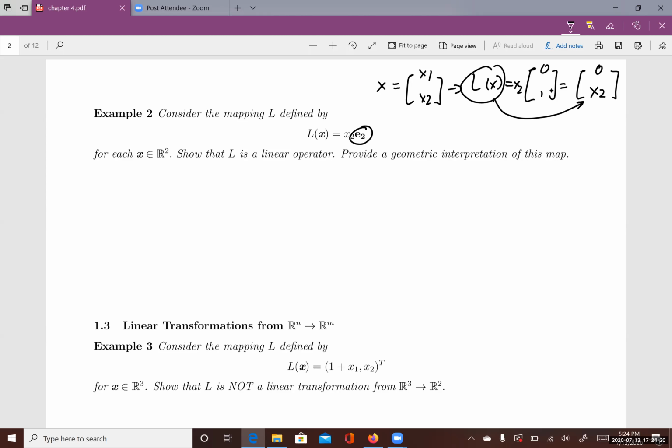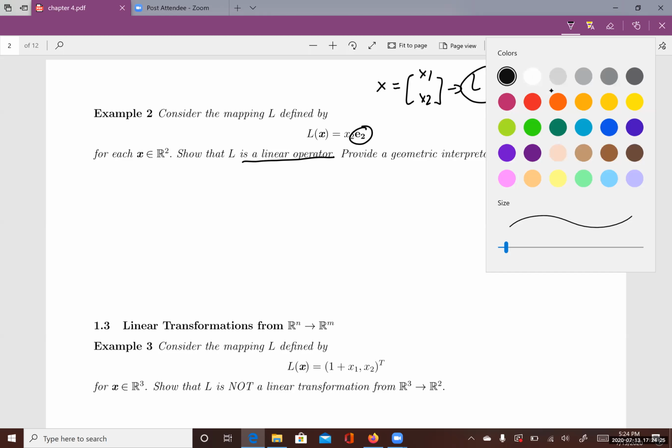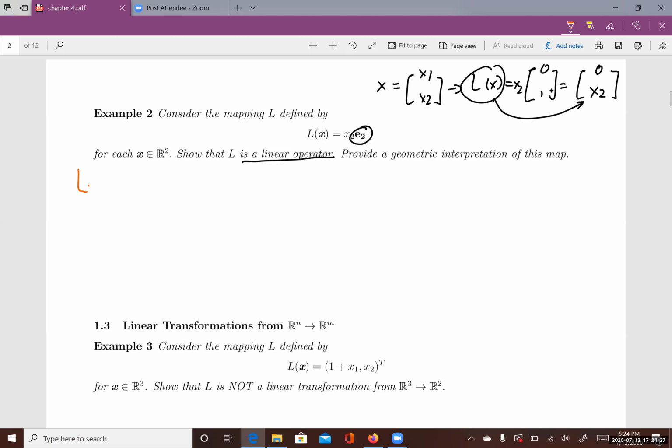Well, now again, you want to show that this map is a linear operator. Keep in mind that you always want to let v1 = (x1, x2) and v2 = (y1, y2) be two arbitrary vectors in R2, and alpha and beta be in R. Again, we start with the left side, which is L of alpha v1 plus beta v2.